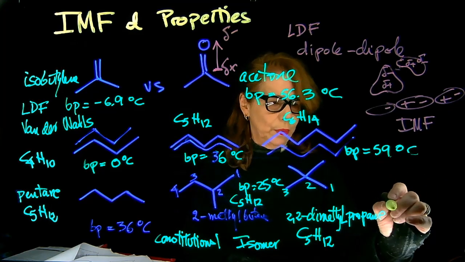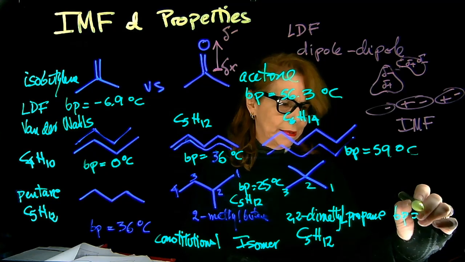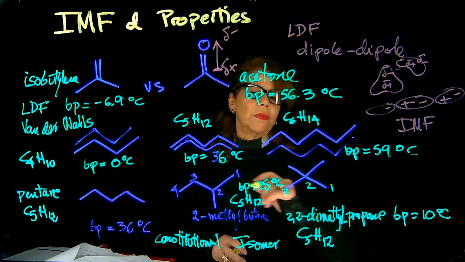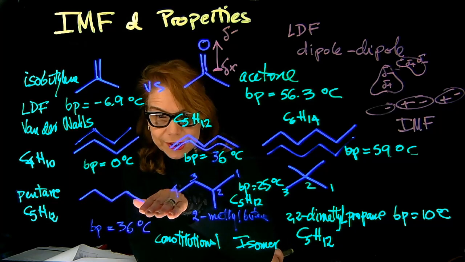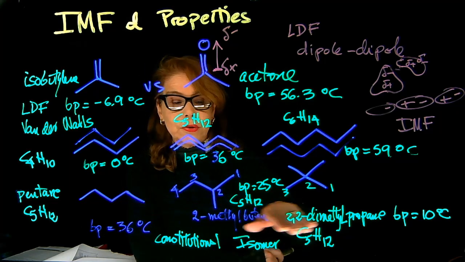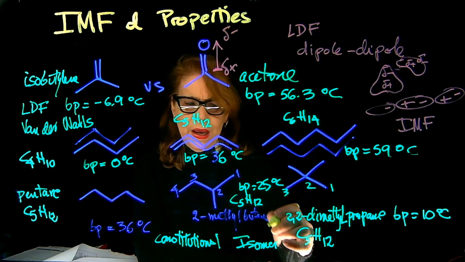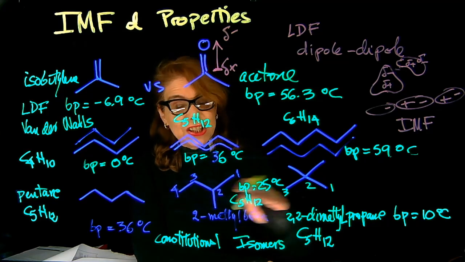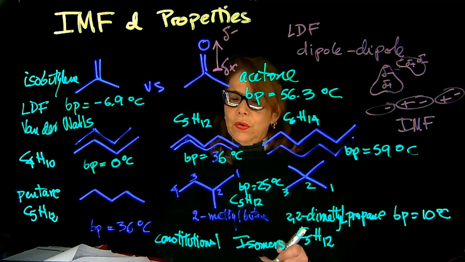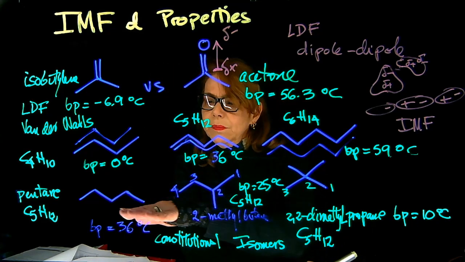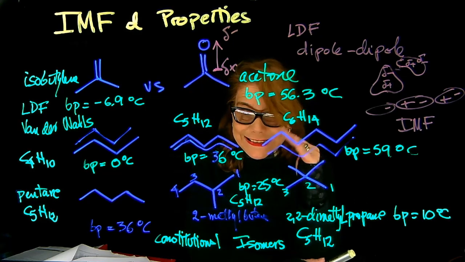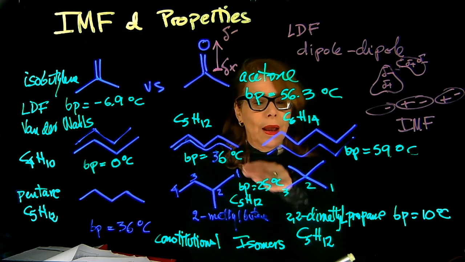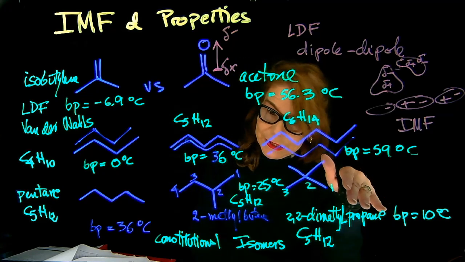So the boiling point is 10 degrees Celsius. So notice that this is no branching. Remember these are constitutional isomers, so same mass. I'm not changing that, but I'm changing the branching. So here, as the molecule becomes more branched, the boiling point actually decreases for the same mass. So the mass is not an explanation here.